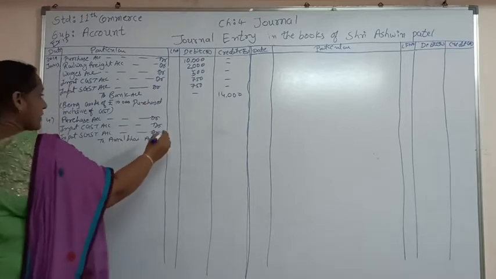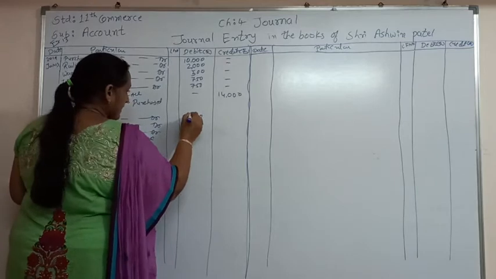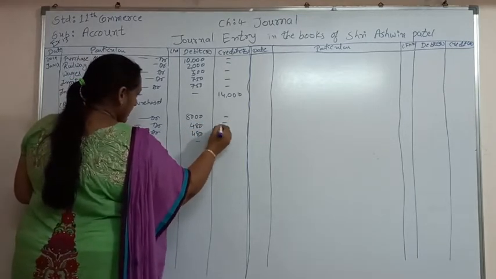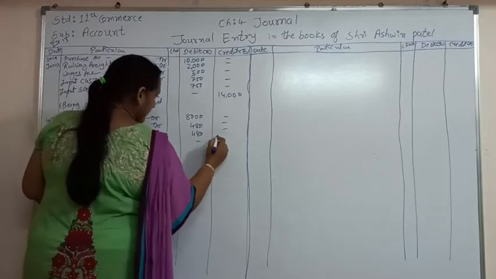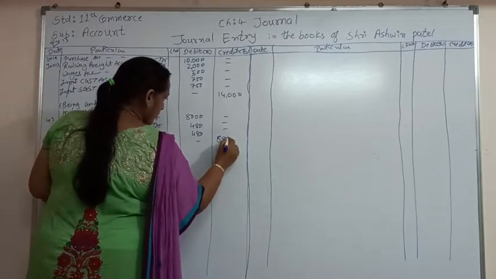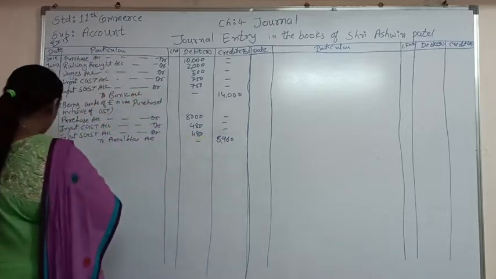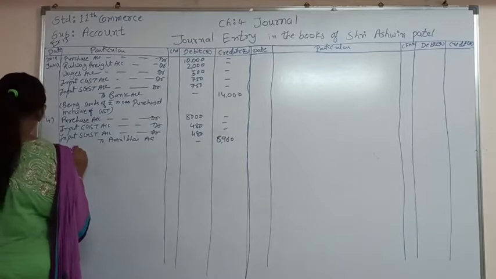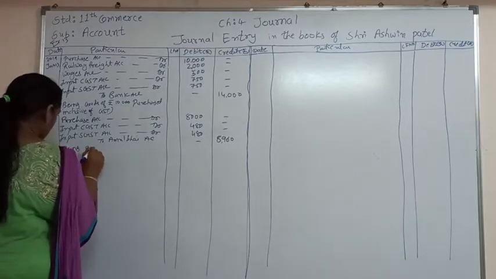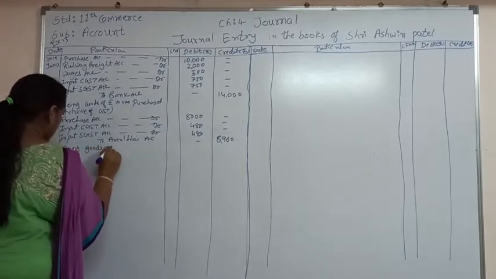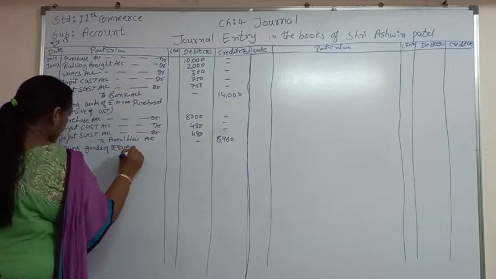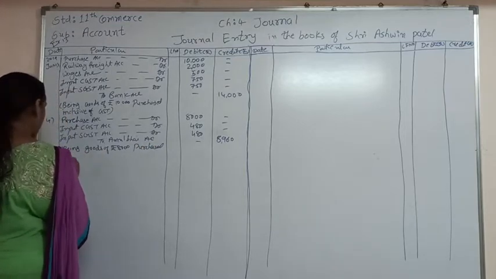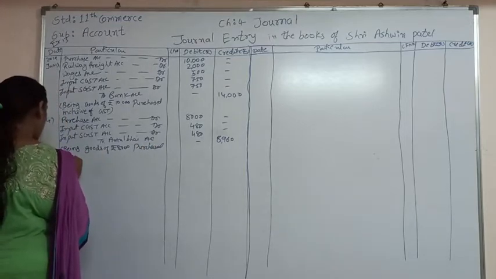As we know, we have purchased goods of 8,000 and 6% of 8,000 will be 480. This is how we calculate the GST, and the total will be 8,960, being goods of rupees 8,000 purchased from Amul Bhai.